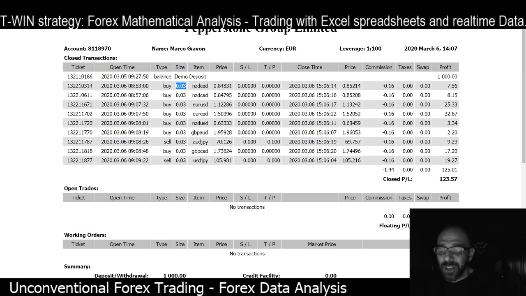I made, shame on me, something that I should have considered as well, because as you may notice here, I traded twice New Zealand dollar CAD, which was fine, but at the same time I could have also traded, I don't know why I missed this trade, but it happens anyway. It would have been positive as well, because if I am buying New Zealand dollar, therefore I'm determining that CAD is weak, and for example in this case I sell Aussie and I buy Japanese yen, so I decide that Japanese yen is strong.